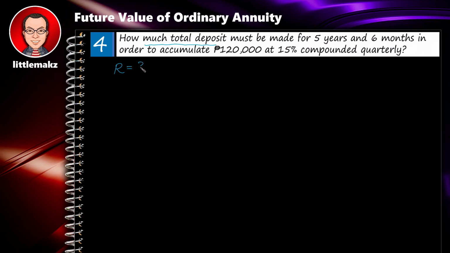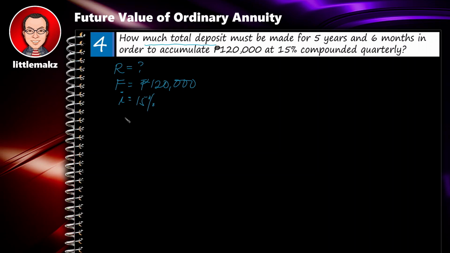So since our R is unknown here, our F must be 120,000. And your I is 15%.